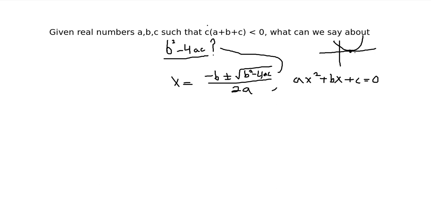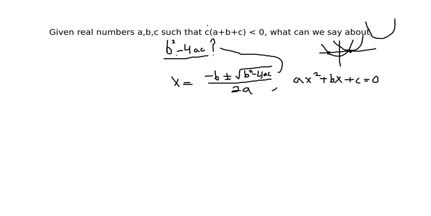That's what it means to be tangent, that we just have a repeated root. So if b squared minus 4ac was greater than 0, then you would have two real roots. And if b squared minus 4ac is less than 0, you can't take the square root, or it's not closed within the real numbers, so you'll never touch the x-axis.